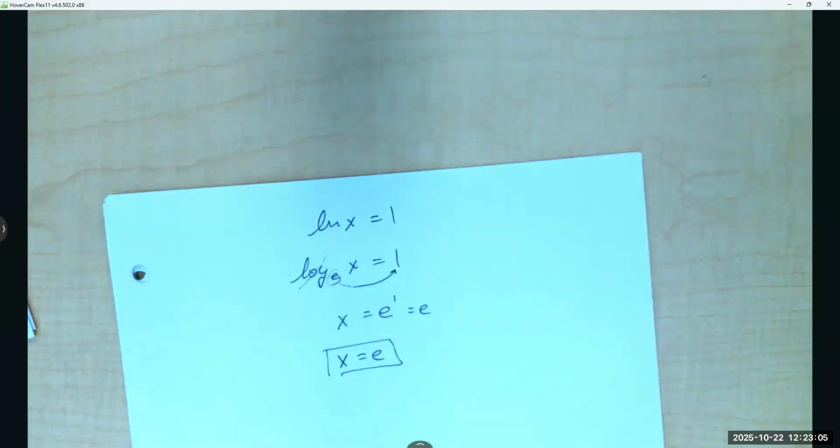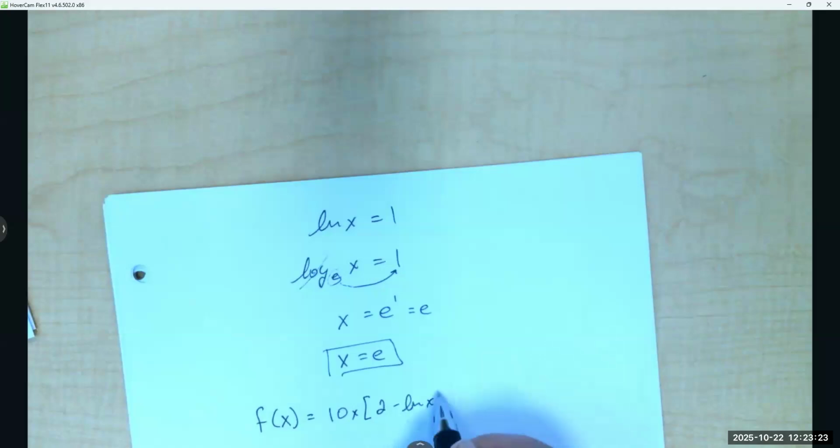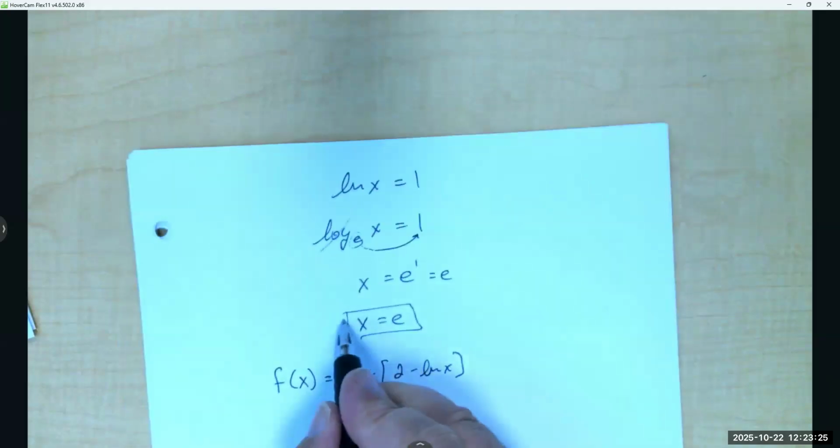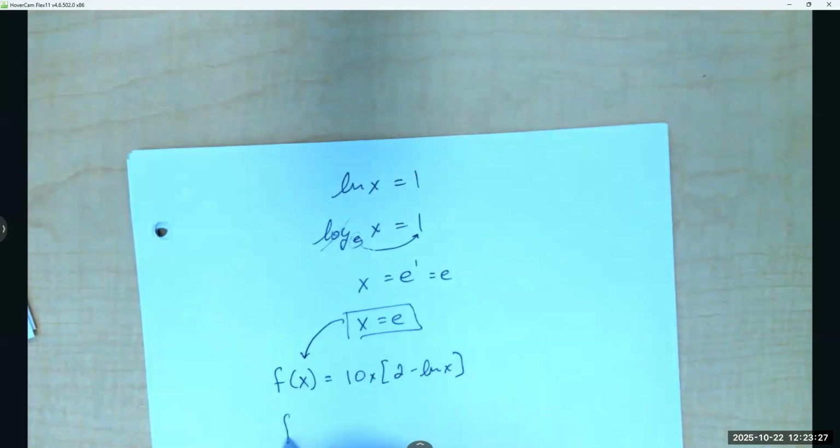So we plug that back into our function, which is 10x 2 minus ln x. Plug e in place of x, which becomes 10e 2 minus ln e.